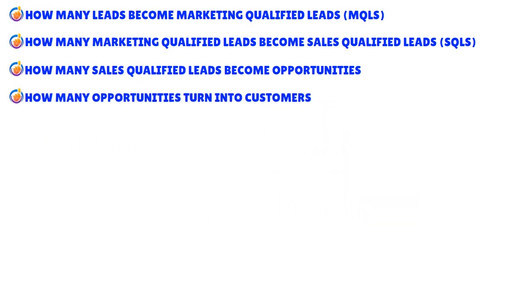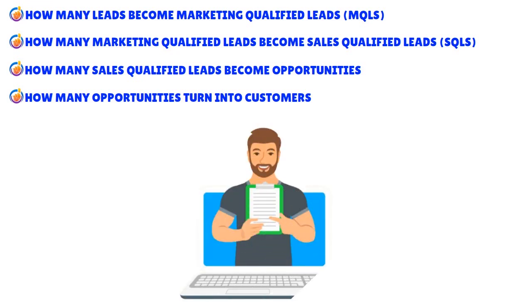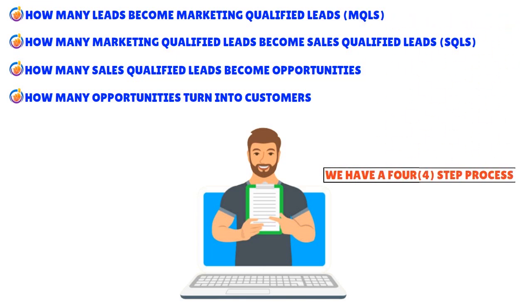So, again, I'm oversimplifying a somewhat complex process here, but if I want to simplify the whole process for you, we have a four-step process. Okay, so how many leads become MQLs? How many MQLs become SQLs? How many SQLs become opportunities? And how many opportunities turn into customers?